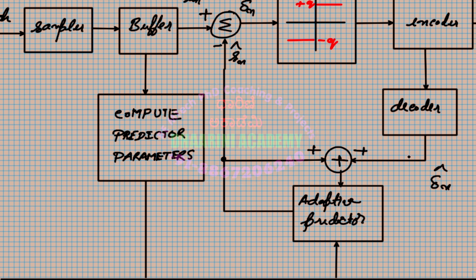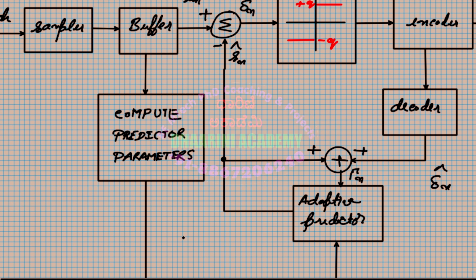Okay, so that's the output of the decoder, and the adaptive predictor's output, that is SN cap, is added with the delta n cap to get a value. Maybe we can denote that as gamma m. All right, so that value is given as input, and it also takes the predictor parameters coming from the compute predictor parameter block.